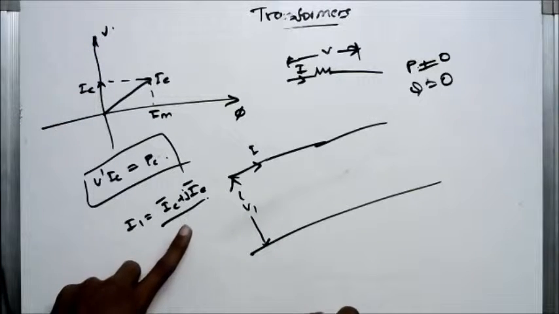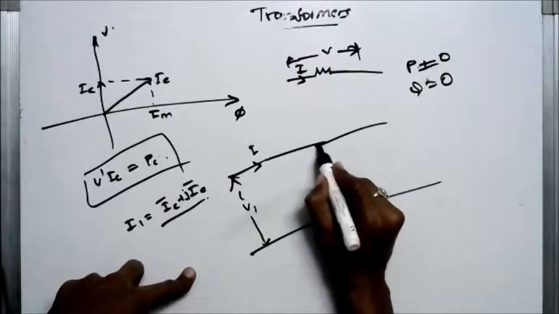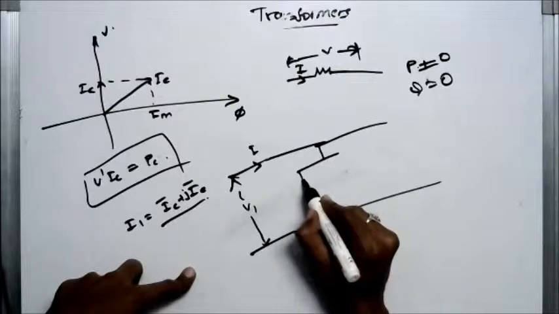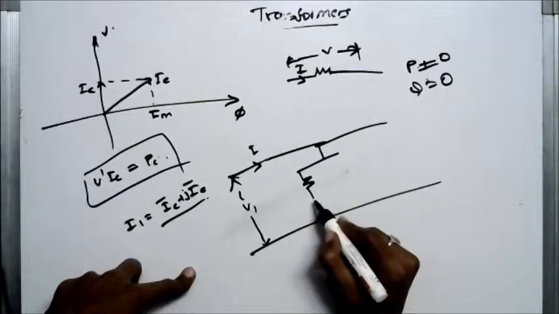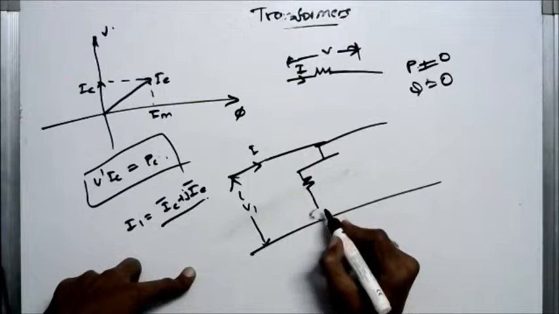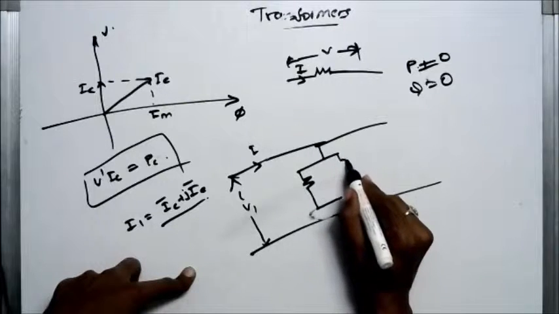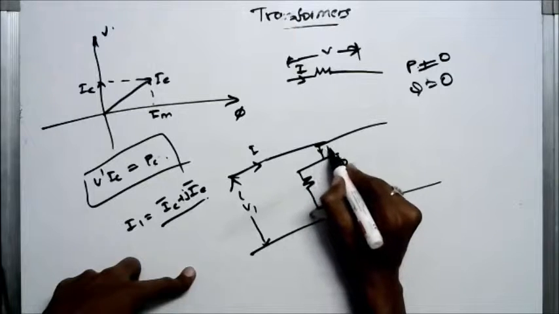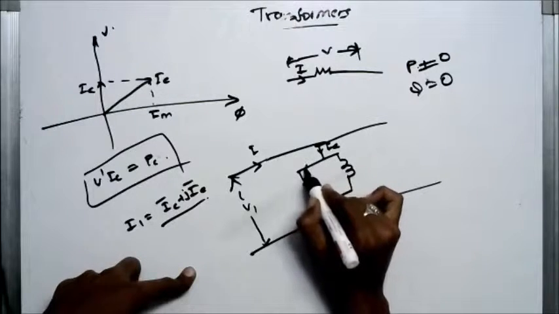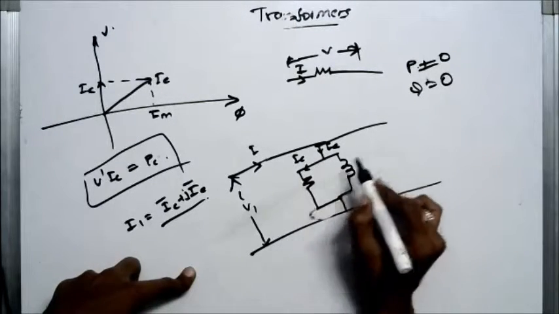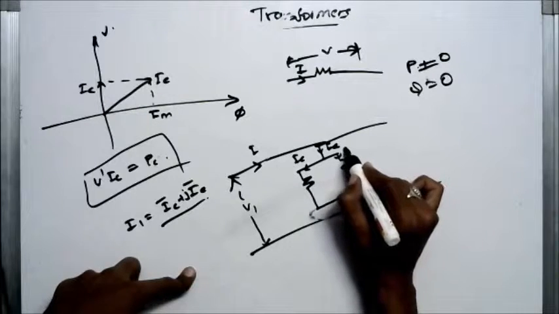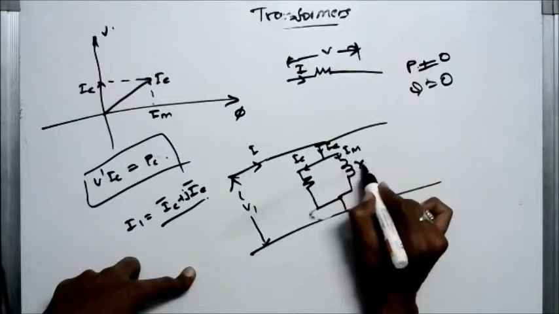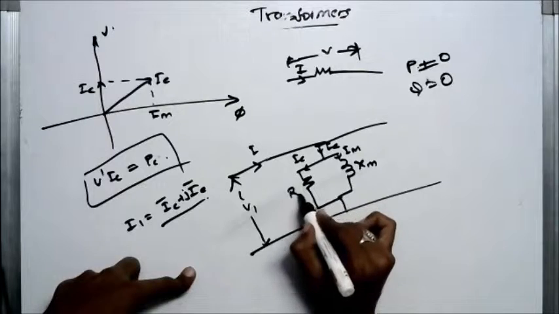Now this is the circuit diagram at the no load condition. This is IE, this is IC because resistance is represented. This is IM, this is XM, this is RC.